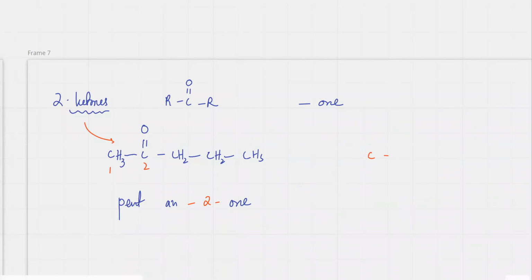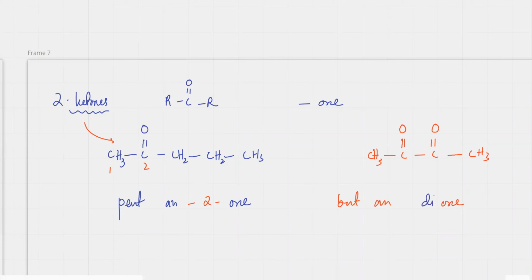What about this one? I've got a molecule. There's a double bond O here and a double bond O over here as well. Now this is 2 ketones. So it's 4 carbon atoms, that's but-, and an, because it's still saturated, and you've got one, but you've got 2 of them, so it's going to be di.